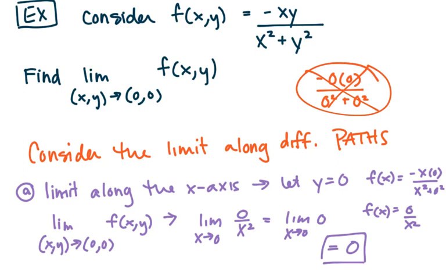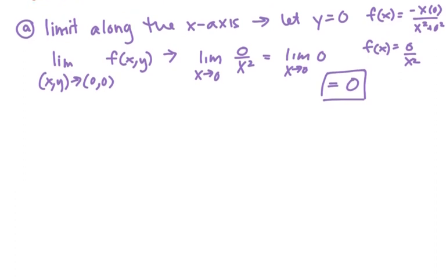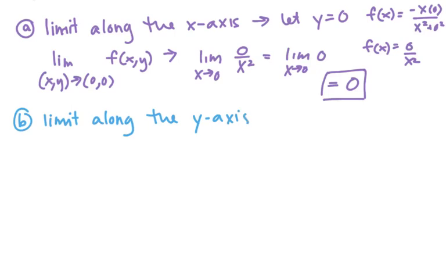All right, so now let's look at part B, the limit along the y-axis. So in that situation, we would be letting x equal 0 in our function.